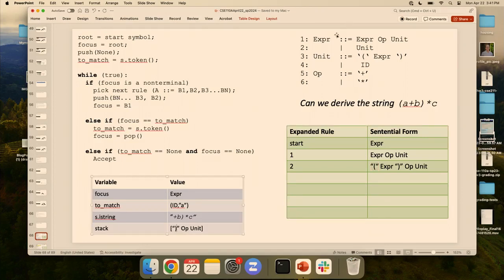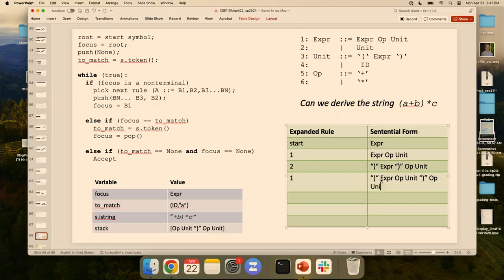What we're going to do is pick rule number 1, which is going to give us an expr, and we are going to get an op unit there. This is going to be an expr, and so on and so forth. So kind of keeping to do this, we picked this one again. Open parenthesis, expr op unit, op unit.